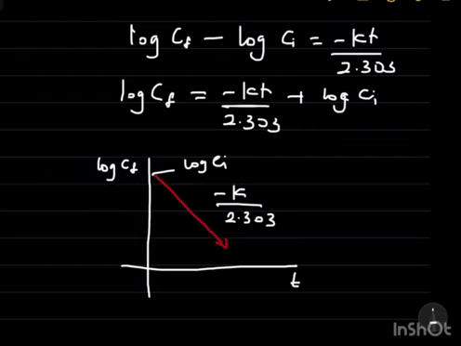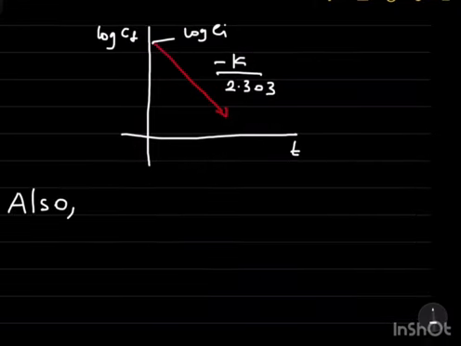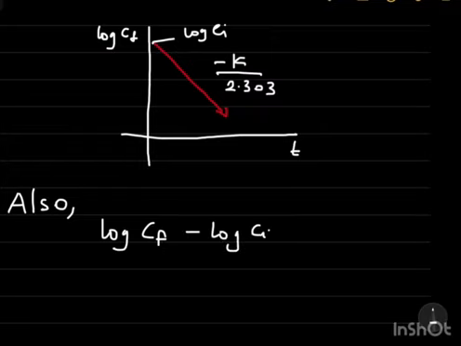Alright, this is the difference between using log and using ln. Also, you may see another form of the integrated rate law for a first order reaction this way: log C final minus log C initial equals minus kt over 2.303.